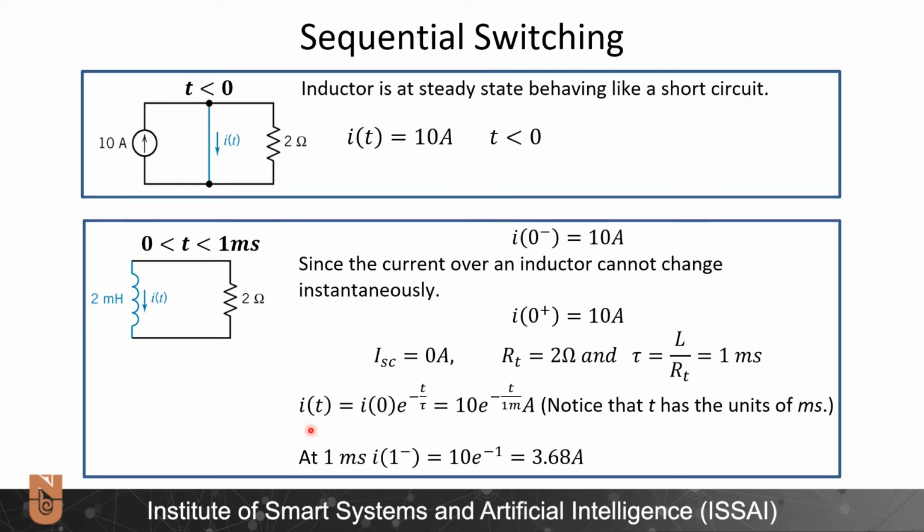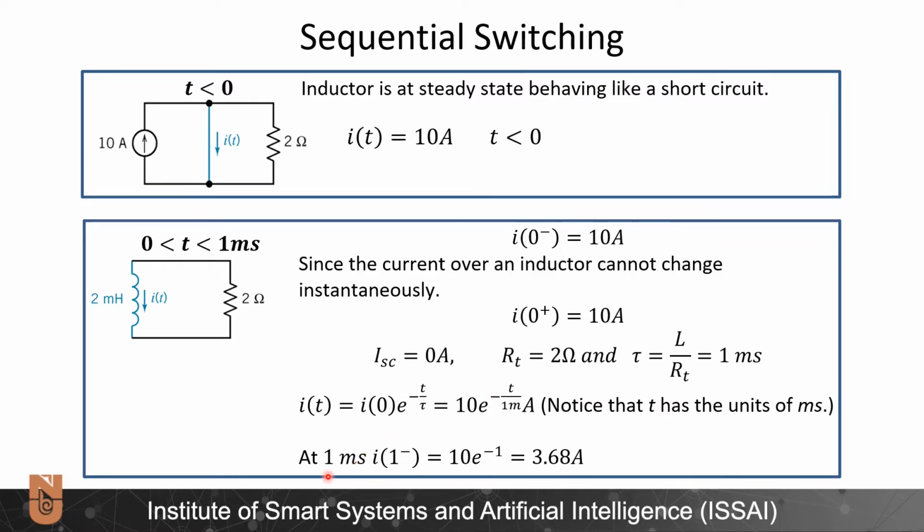Accordingly, the circuit equation will be I(t) equal to I0 times e to the minus t over tau. I0 is equal to 10 amperes and I have this expression here. Now, as you can see, the circuit will start from 10 amperes and will start an exponential decay after the switch changes its state.